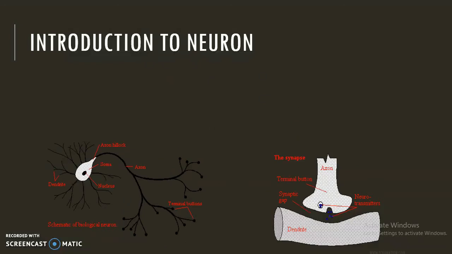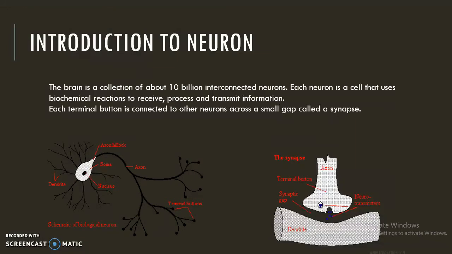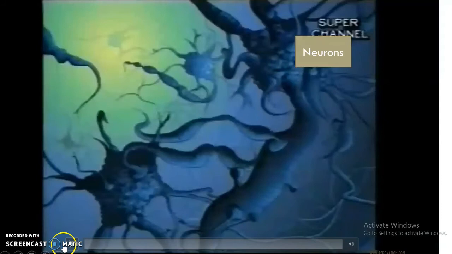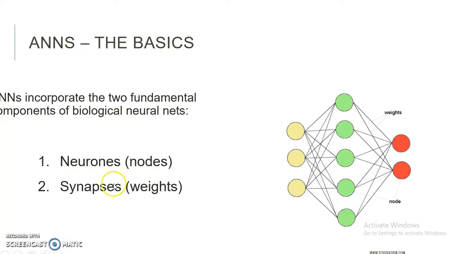So this one is the whole diagram. Let me show you how the nerve cells take place and how they send the data.